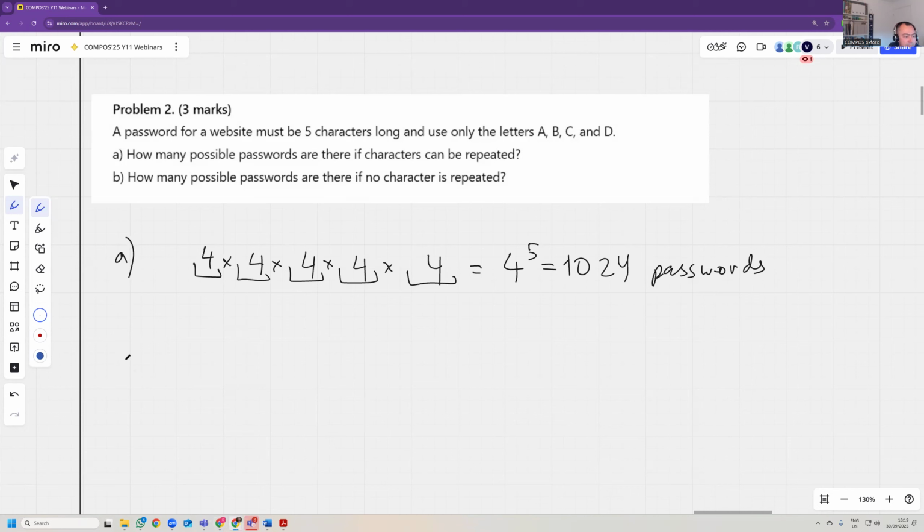B. How many possible passwords are there if no character is repeated? Well, sorry, that doesn't make any sense.